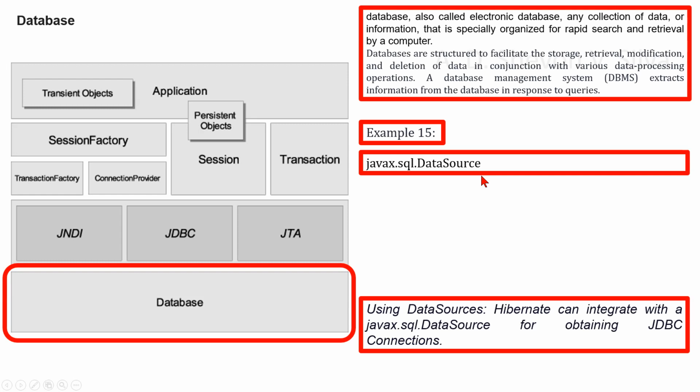For Jakarta Persistence applications, note that hibernate.connection.datasource corresponds to jakarta.persistence.jtaDataSource or jakarta.persistence.nonJtaDataSource. The data source connection provider also optionally accepts hibernate.connection.username and hibernate.connection.password. If specified, the DataSource#getConnection(String username, String password) will be used. Otherwise, the no-args form is used.